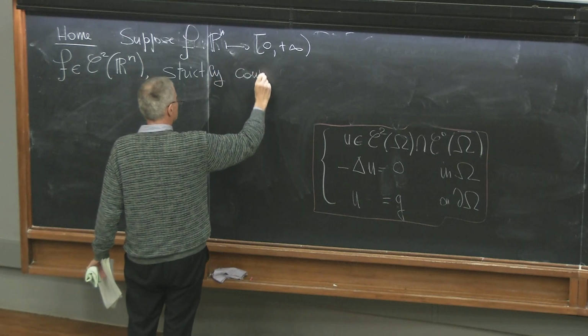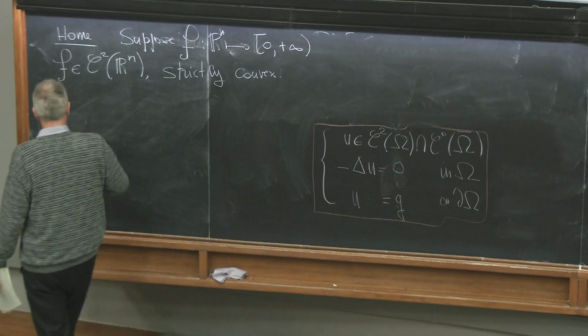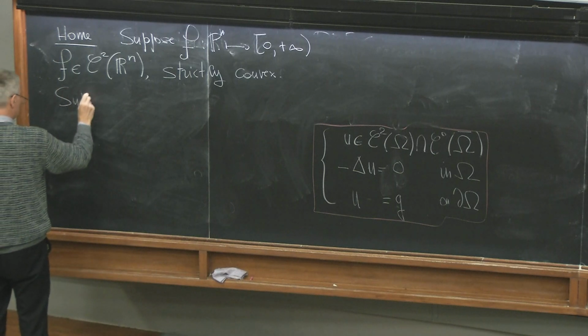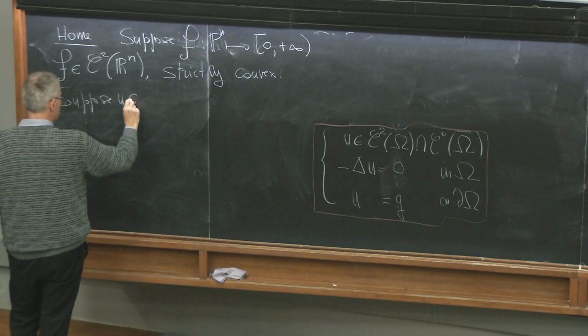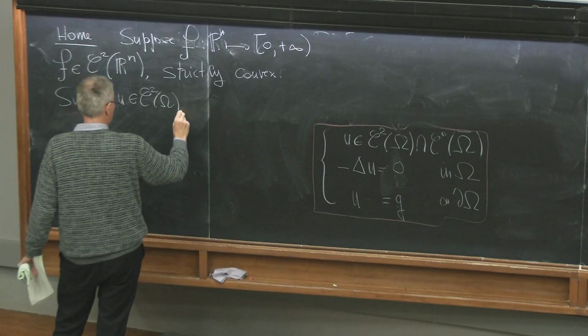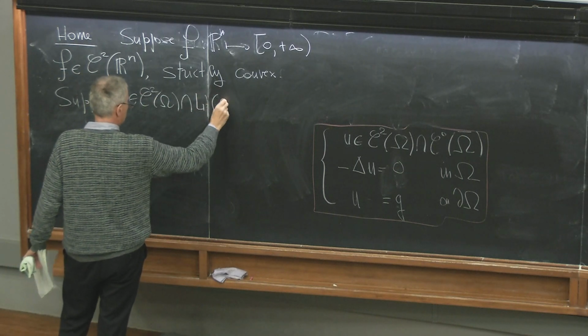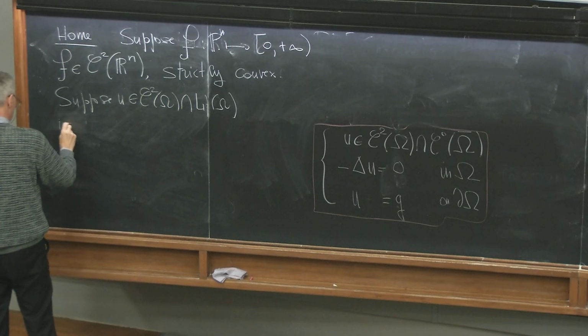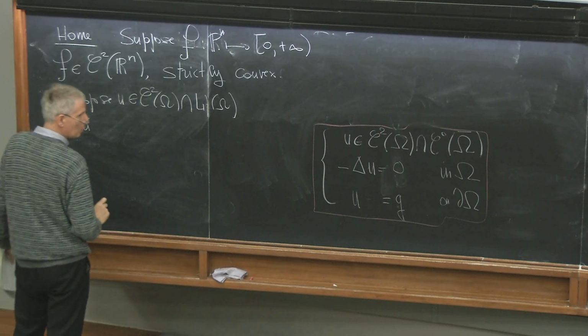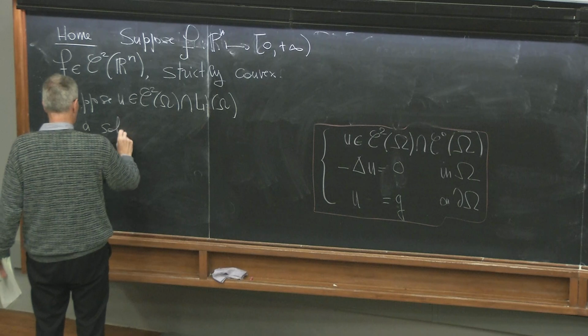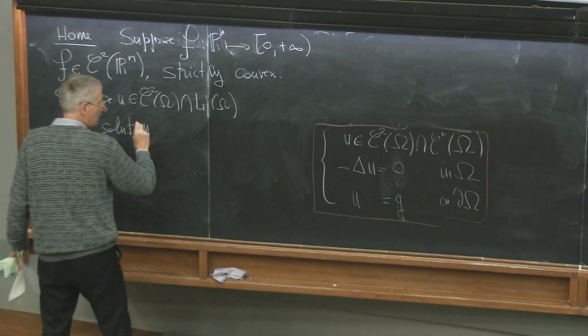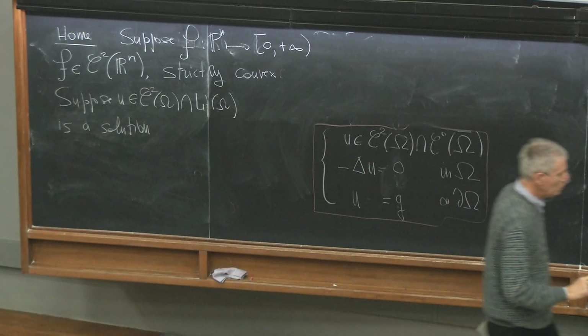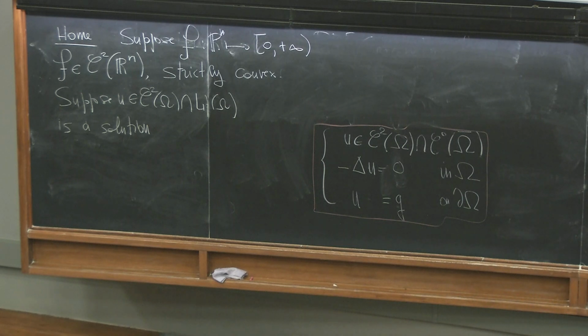Strictly convex. Suppose u is a solution of the minimum problem. Find the stationarity equation.